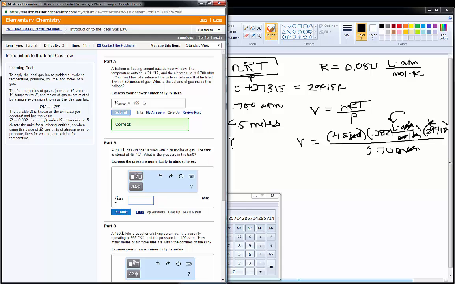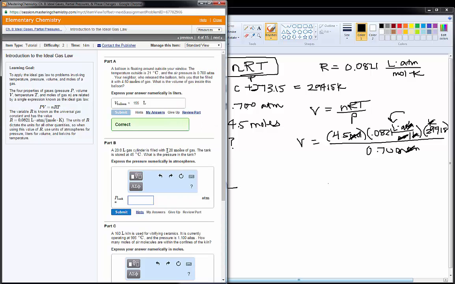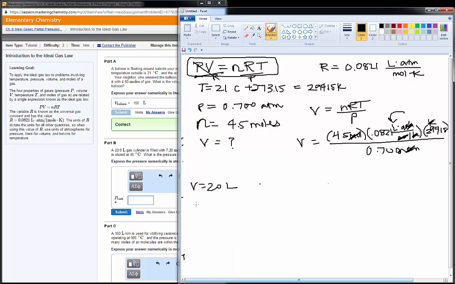All right, next we've got a tank here with 20 liters. That's the volume. So volume 20 liters. It's filled with 7.20 moles of gas. So N, number of moles, 7.2 moles. Stored at 45 degrees Celsius.